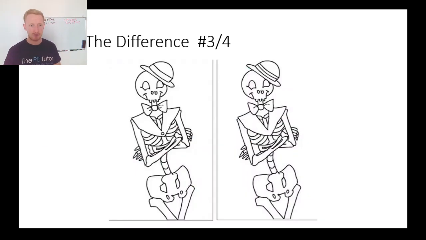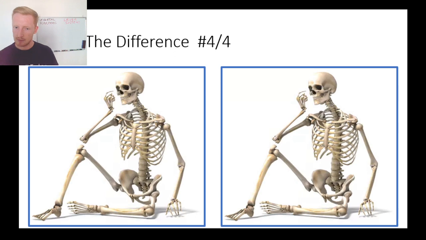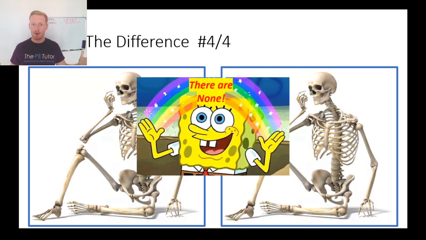Now the purpose for me showing that is this slide here. Try and spot the difference with the skeleton. Have a little think, 10 seconds. Where are the differences? 3 seconds. Okay. There are none.